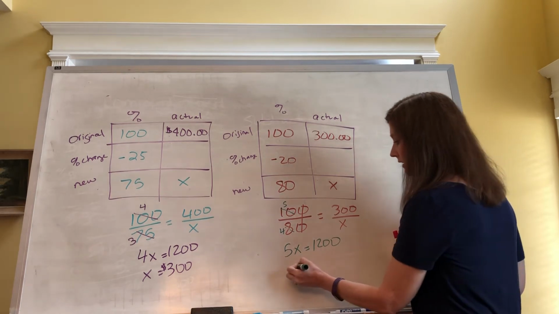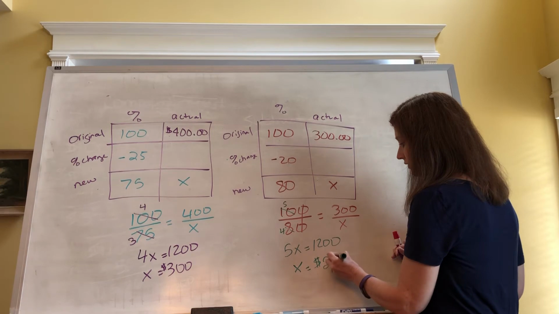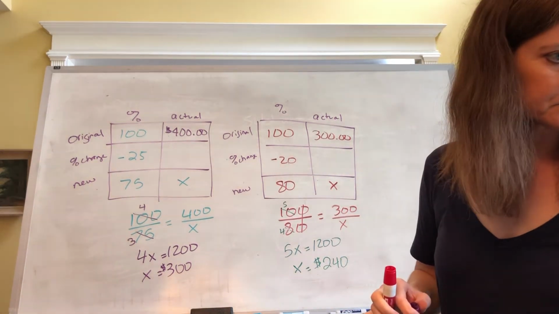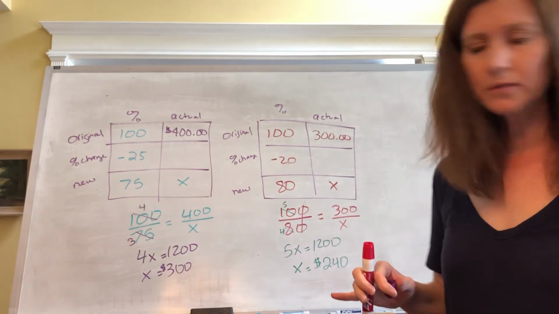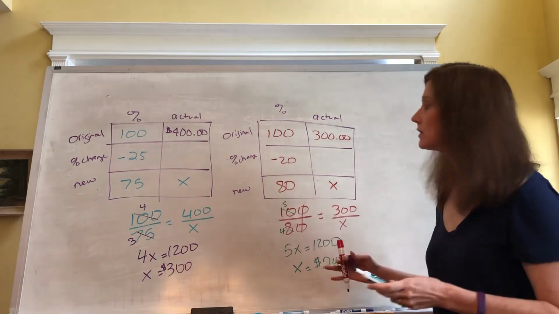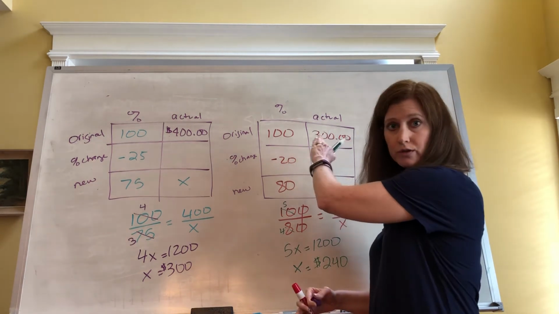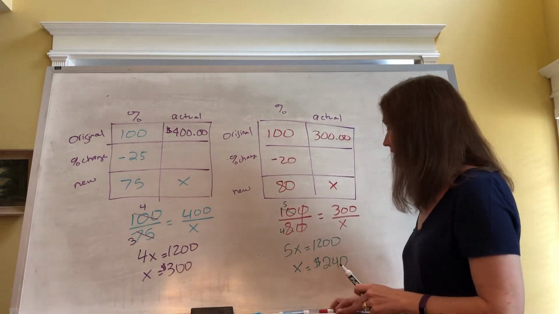We divide by 5, and x is, I believe it's $240. Okay, so that's how we do the successive discounts. Do the first one, and then you kind of zero that out to be your new original, and do the second one. Okay. All right.